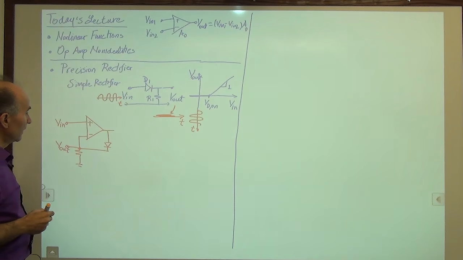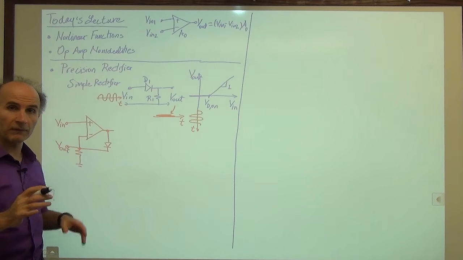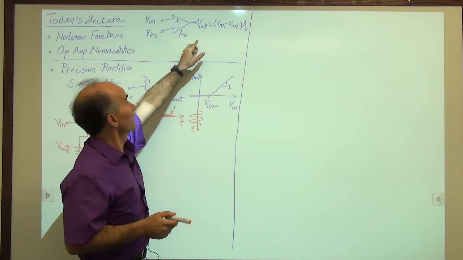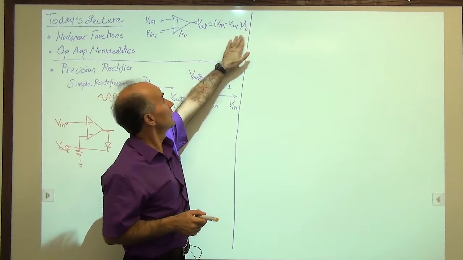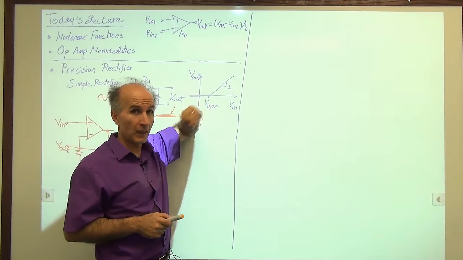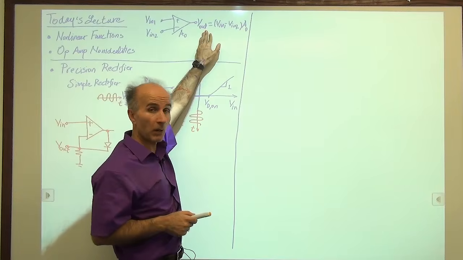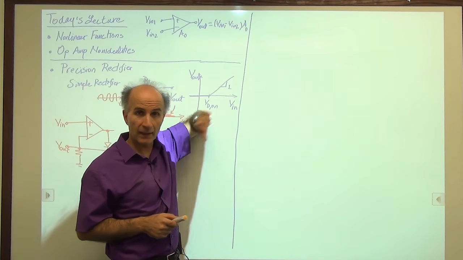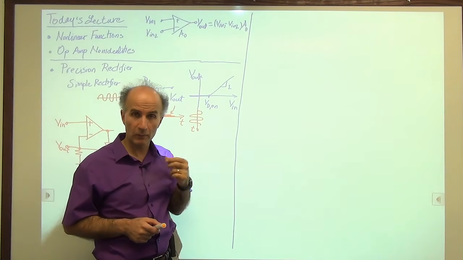All right, well, what we can say is the following. We need to remember the fundamental properties of the op amp. The op amp says that the output is always given by V in 1 minus V in 2 times A0. The difference between them times A0. If A0 is very large, and V out is moderate, then V in 1 minus V in 2 is small. So we can say V in 1 and V in 2 are very close to each other. The difference between them is small.